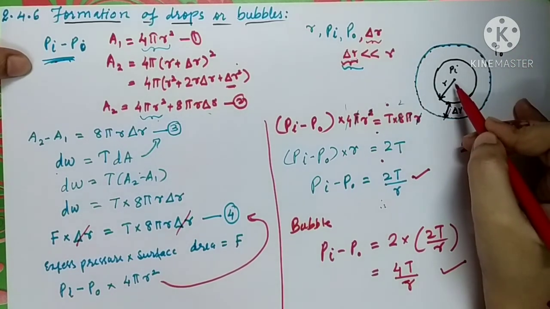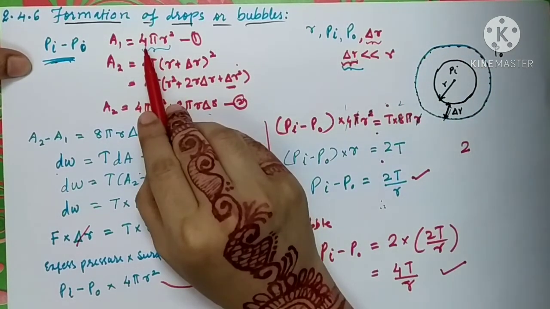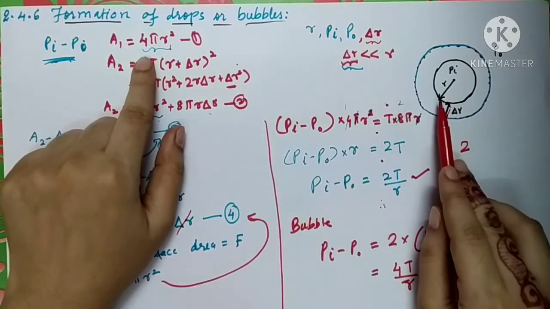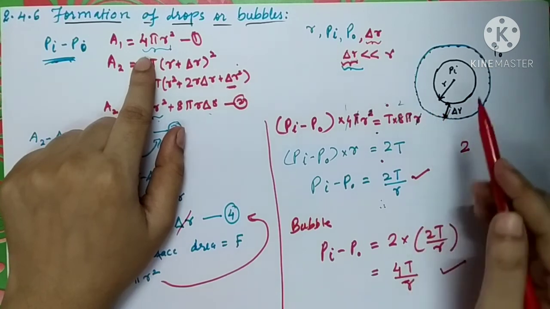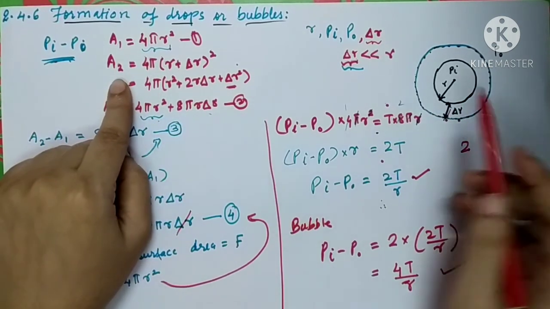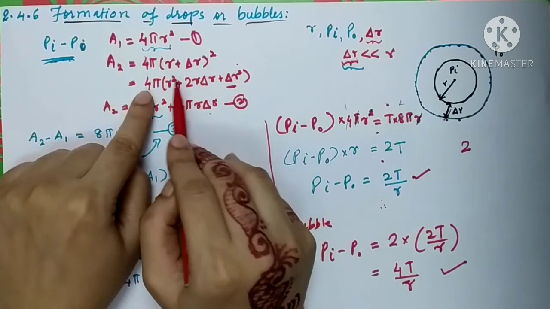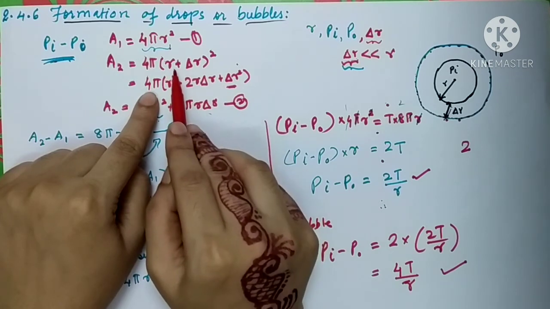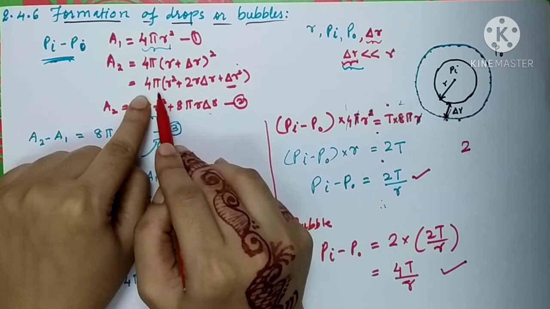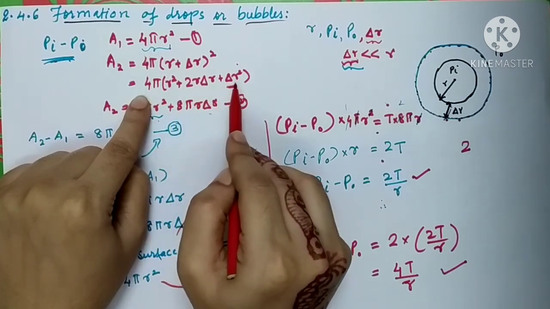So the initial surface area of a liquid drop is 4 pi r square, and let's increase the surface area by increasing its radius by delta r. Its second surface area will become 4 pi r plus delta r the whole square. On expanding this with the help of the formula a plus b the whole square, we are going to get 4 pi r square plus 2r delta r plus delta r square.